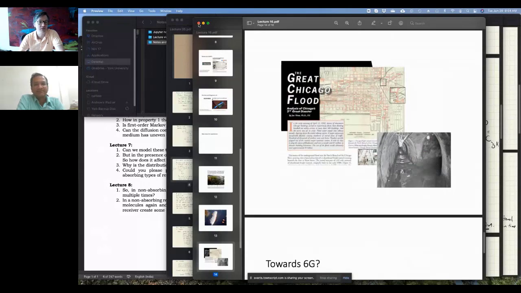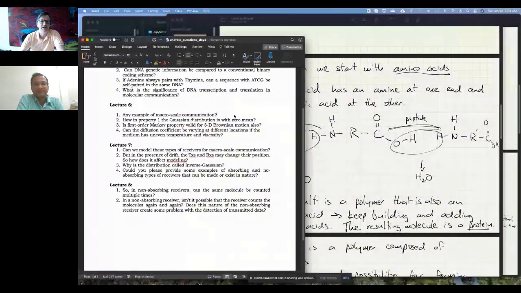So I'll leave that to you to look at. But if we think about natural examples of macro scale communication, animals communicate using pheromones. That's an example of macro scale molecular communication. You emit a scent, and other organisms of your same species or other species detect that scent, and they receive some sort of message based on that.